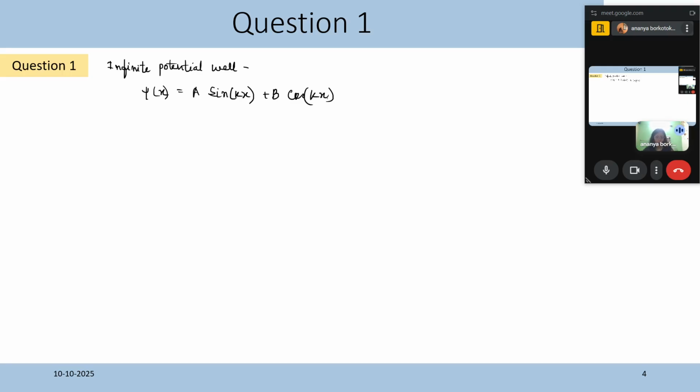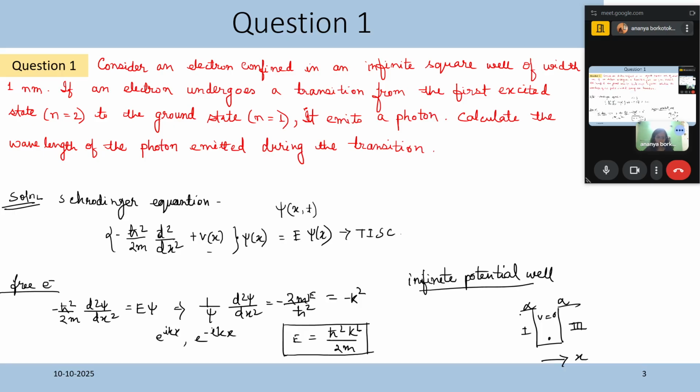Now we know that our electron cannot be present here in region 1 and region 3. So that means my wave has to go to 0 at x equal to 0 point and at x equal to L point, where L is the length of the well. So our wave function cannot directly go to 0.